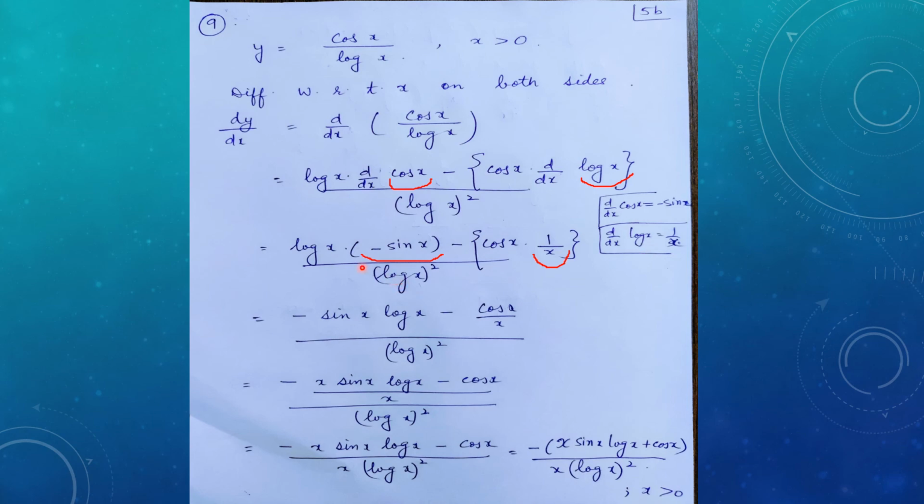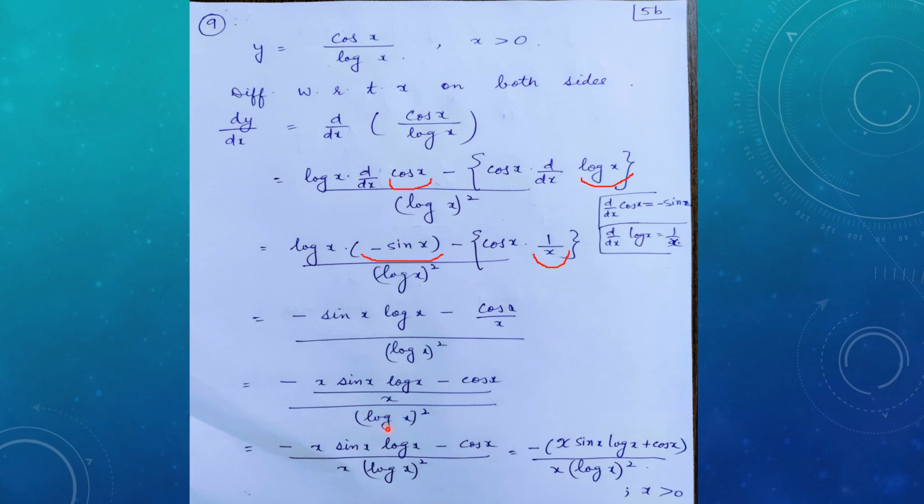So now reframing the answer, we will get minus sine x log x minus cos x upon x, whole upon log of x whole square. Now in the numerator you are getting here x. You please take a big long LCM here. You will get this x will be multiplied by this term. You will get minus sin x log x minus cos of x, whole upon x whole term upon log of x whole square.